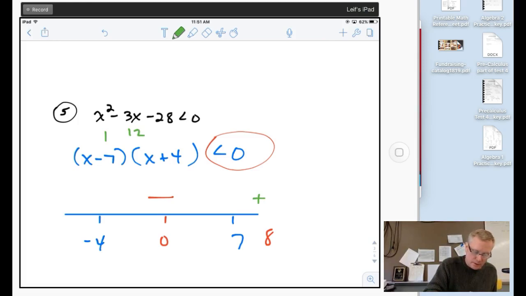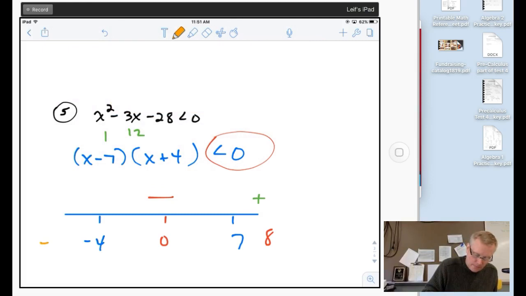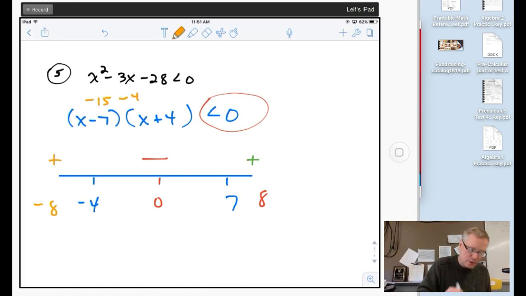Let's check negative 8 and see what happens over there. Negative 8 minus 7 is negative 15. Negative 8 plus 4 is negative 4. If I multiply those together, I get a positive number, which is not the solution set because I'm looking for things that are less than 0, which means it can be between negative 4 and 7.